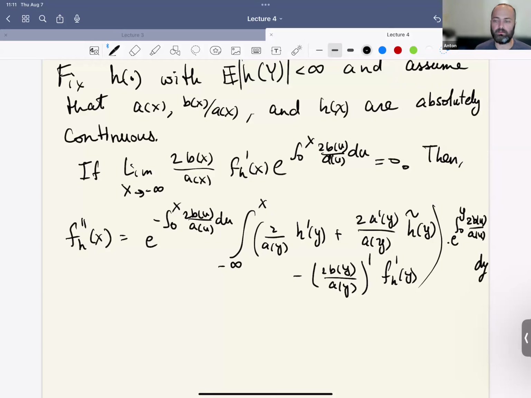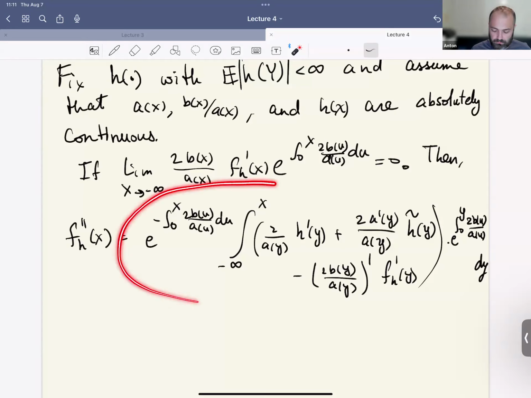I'm going to pause to give people some time to write this down. And this holds for all x. This holds for all x, but it's only really useful when x is negative.